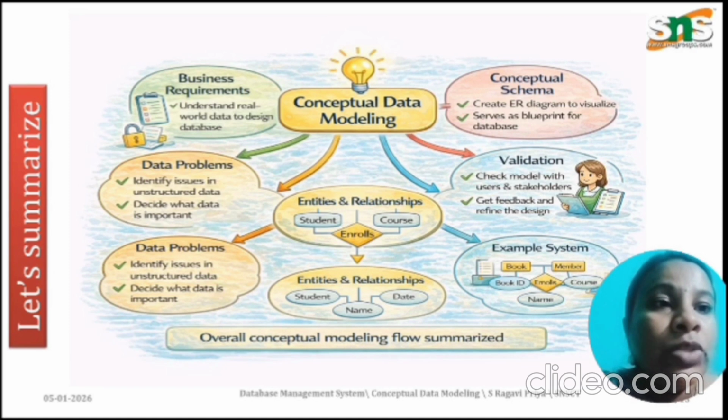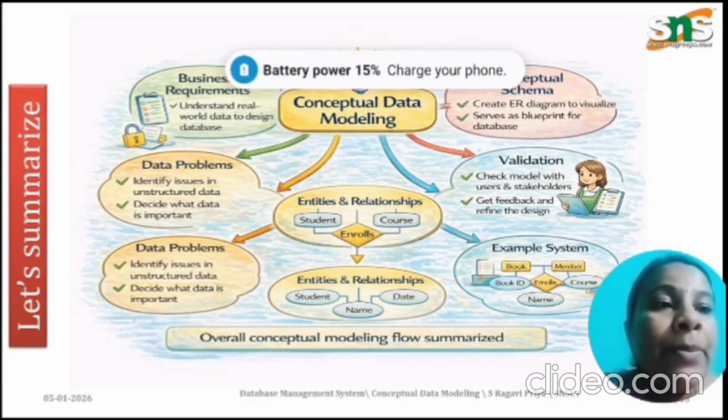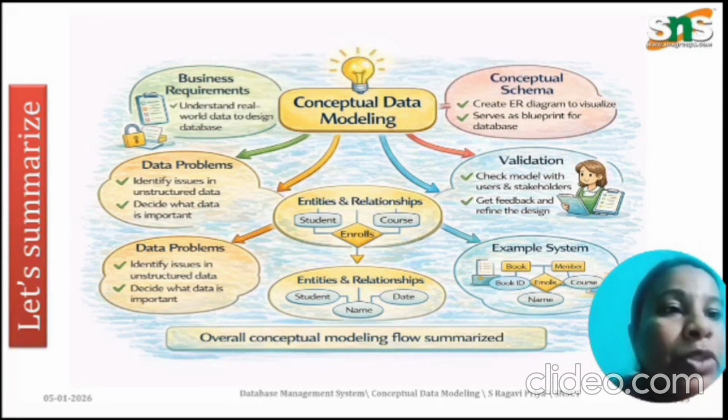So connecting with the stakeholders, collecting the feedback and refining the database according to their needs and requirements. So example system, the book, member. So this is the overall conceptual modeling flow which has been summarized.